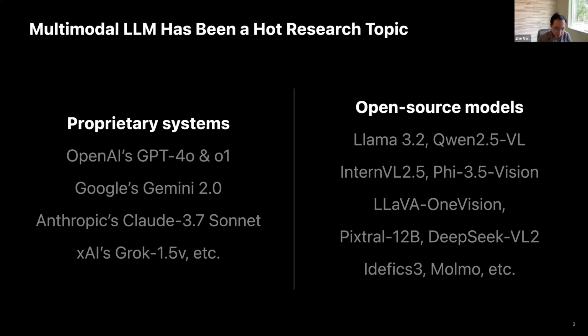There are so many famous models out there, ranging from closed source models such as GPT-4o and o1, and also recent Gemini 2 and Claude, and even the most recent Llama 4, right? On the other side, we also have many good and strong open source models, such as Qwen 2.5 VL and some other models.